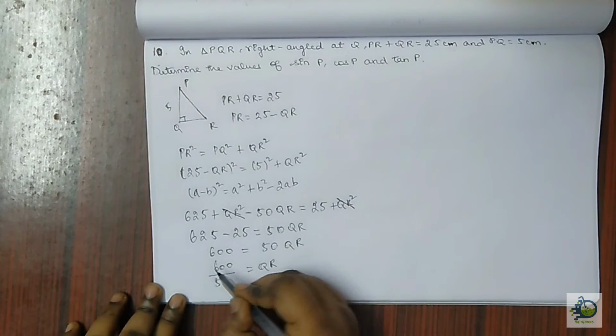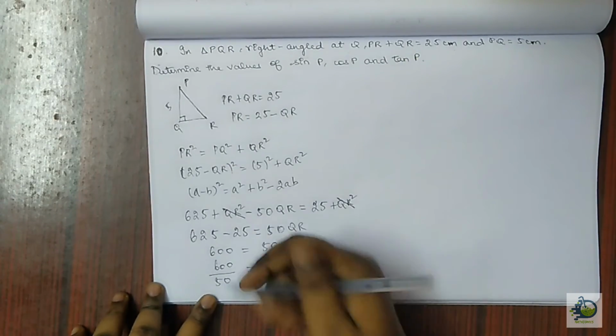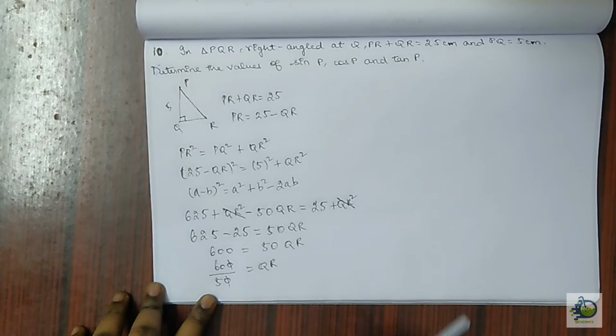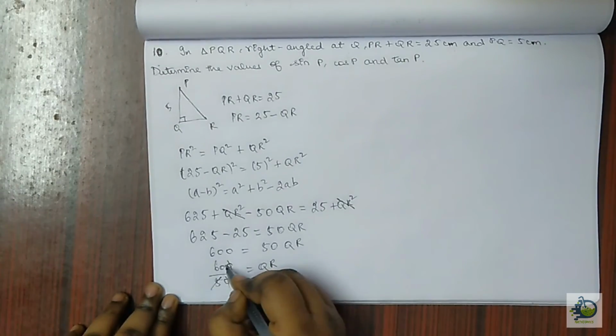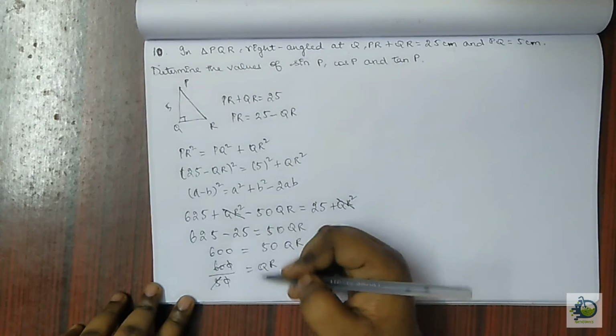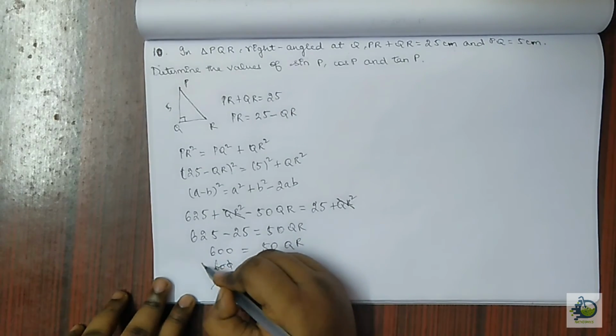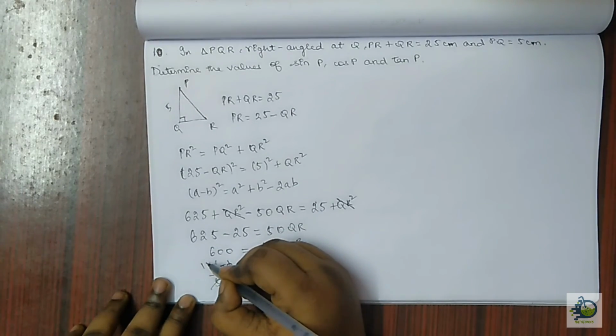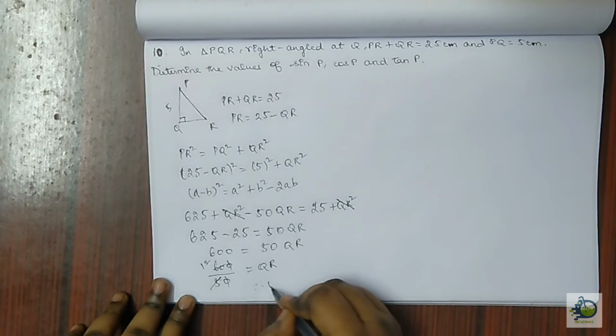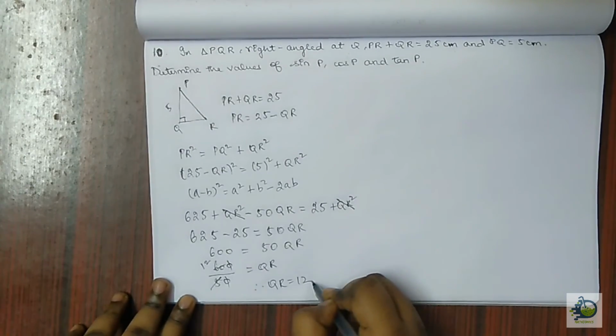I bring this 50 this side, so it goes to the denominator. This 0 and this 0 can get cancelled, and according to the five table, it gives me the answer 12. So therefore QR is equal to 12.